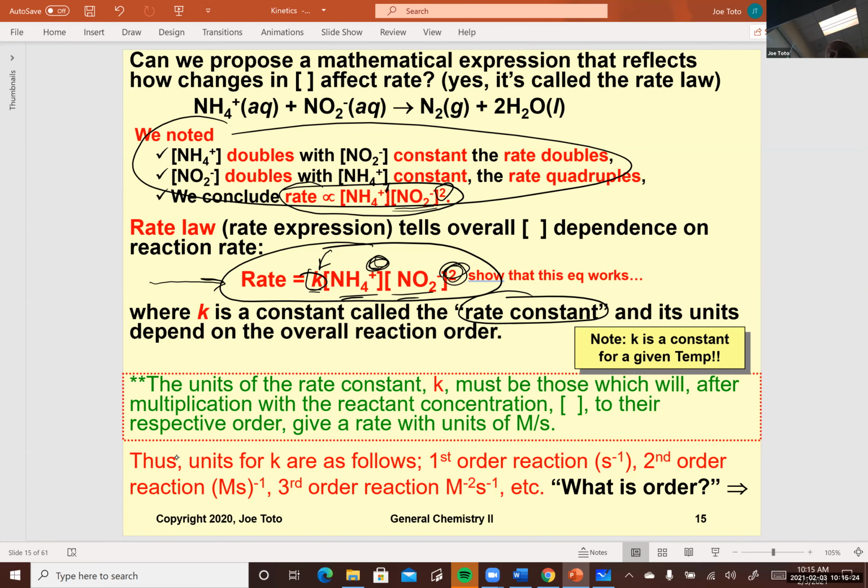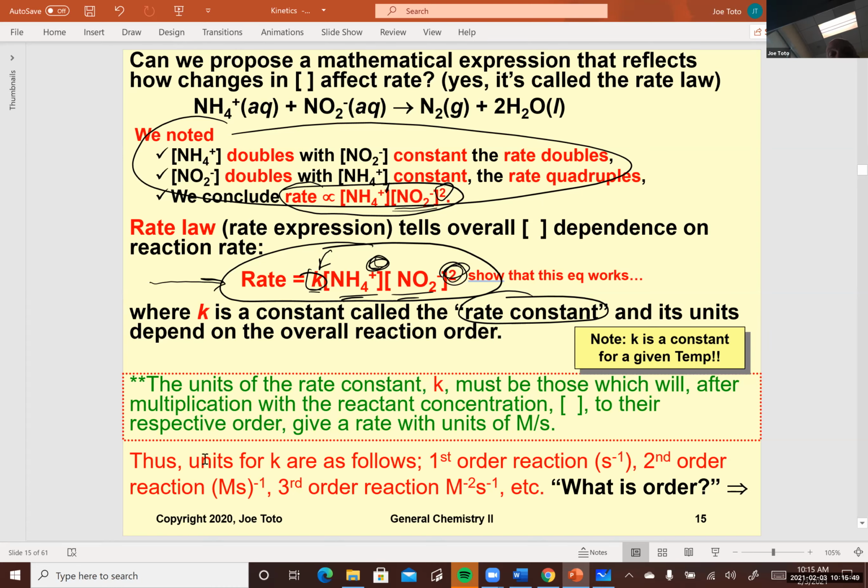Now, the units of the rate constant are kind of funky. I don't think in all your scientific career thus far, you've ever had a constant that has units that change. And those units depend on the overall order of the rate law that it's in.